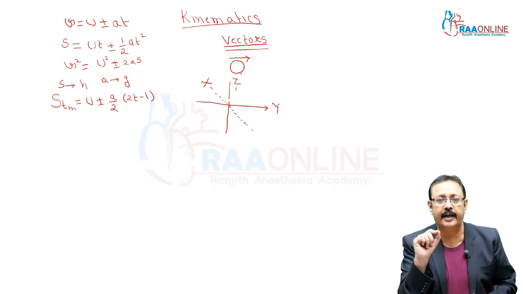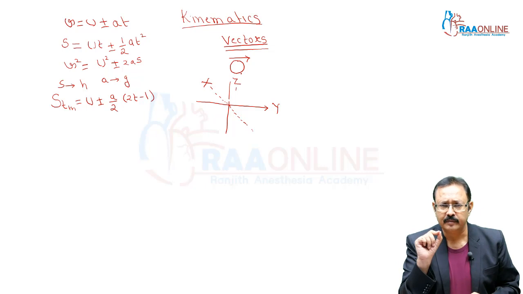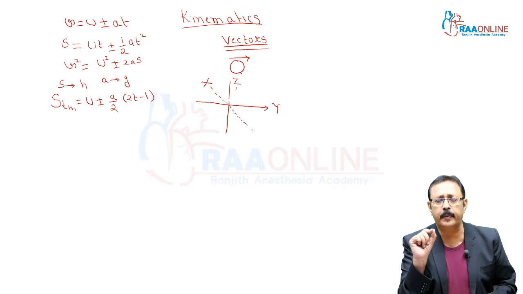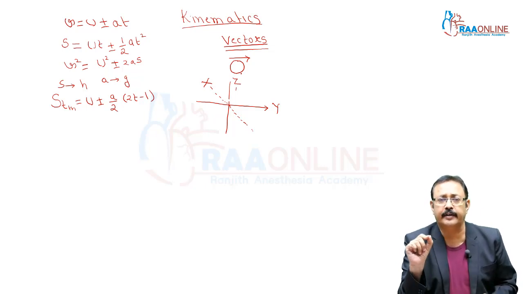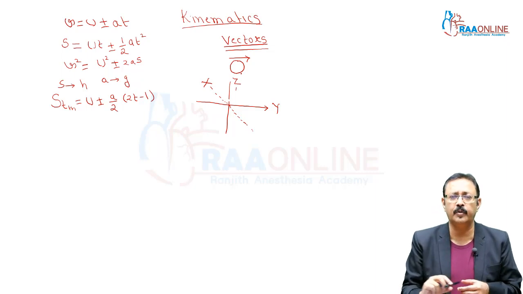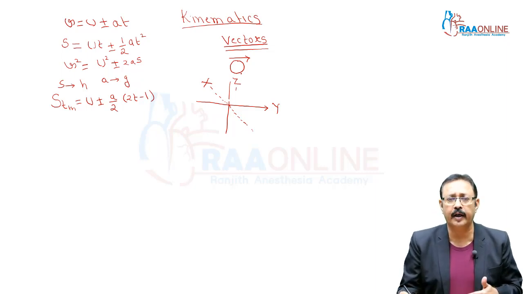So in these 3 directions, we are giving special names to unit vectors so that there is no need to explain which direction we are talking about. In the x-axis, the unit vector is denoted by i cap. In the y-axis, the unit vector is denoted by j cap.